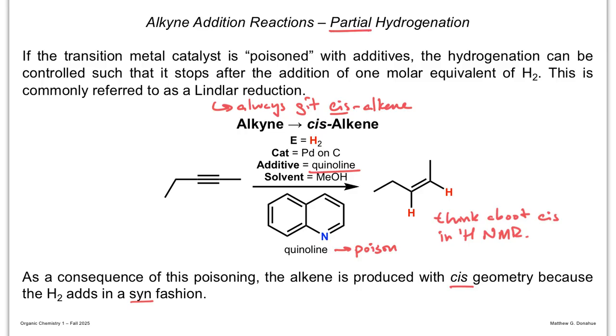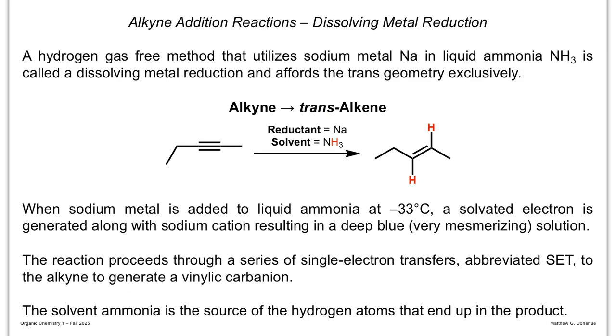So we can also take alkynes and make trans alkenes. Now, the conditions for this are a smidge different in that we're not using hydrogen gas as the source of the H atoms. We're using ammonia, so NH3.